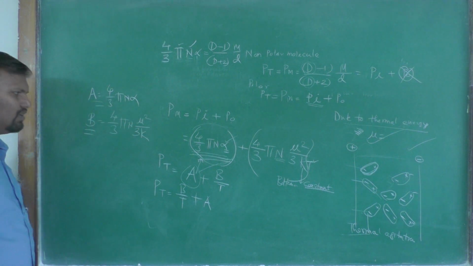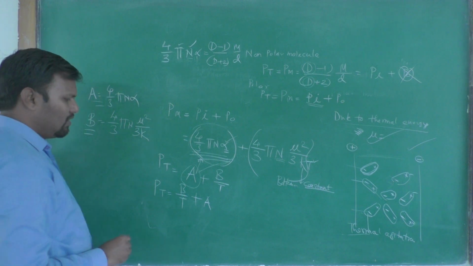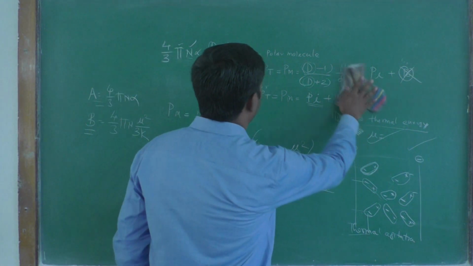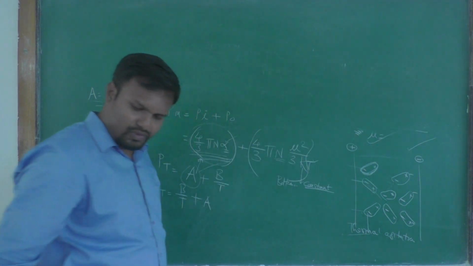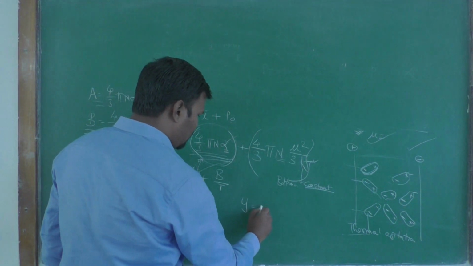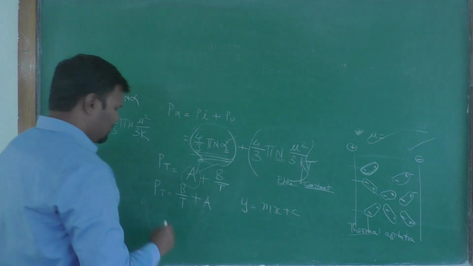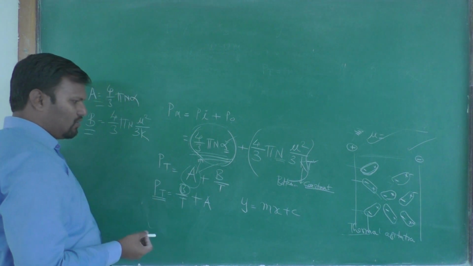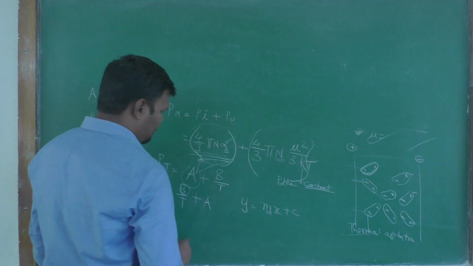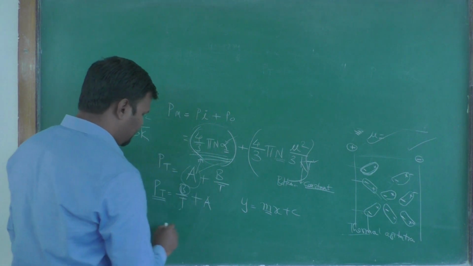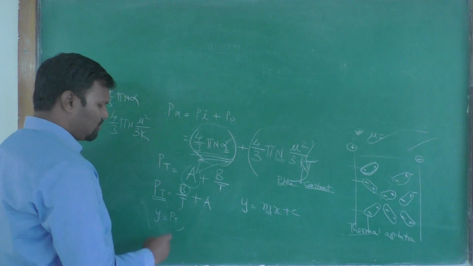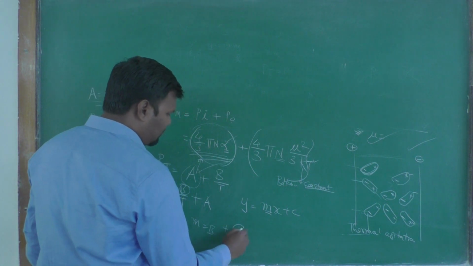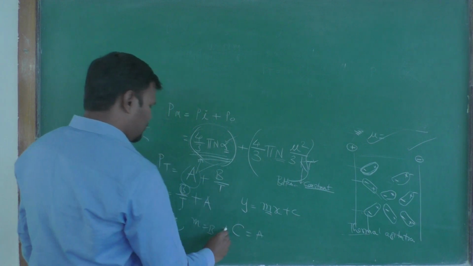When you compare this equation with the equation of a line, y equals mx plus c, y is the total polarization, B is the constant and so is the slope m, x is 1 upon T, and our intercept c is equal to A.